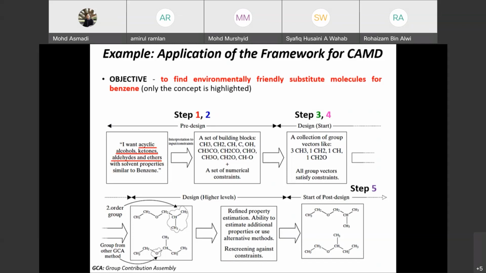Kalau benzene memang organik lah, CHO, of course have CHO atoms. Yeah. And then the interpretation to the input, we have a set of building blocks, for example, like a functional group. If look at here that, ada ni tak? Ada ni.